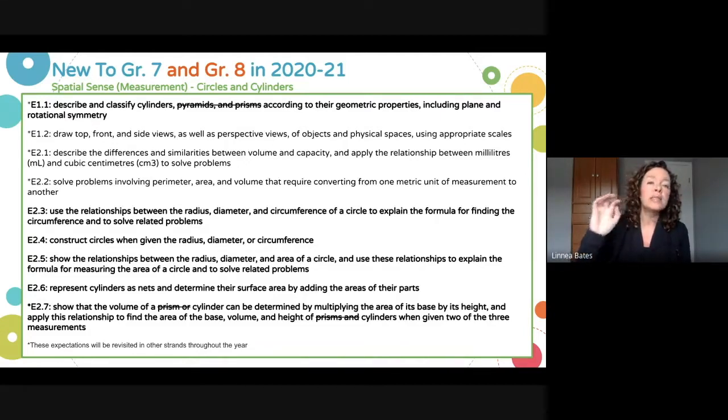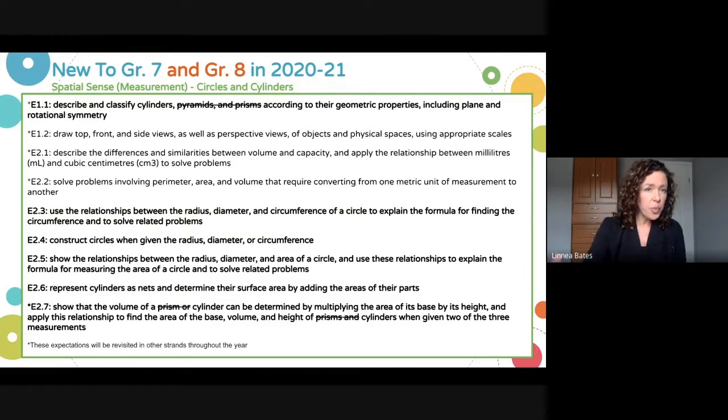So this year we're asking the grade 7s and the grade 8s to do the circles and cylinders expectations within measurement. What we've done here is bolded the expectations that are brand new to the students this year. And the ones that are not bolded are expectations that we'll just be revisiting.